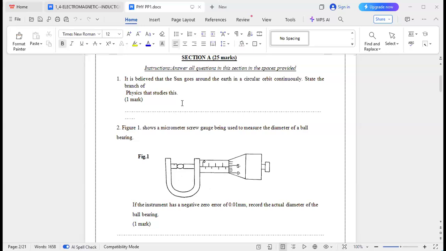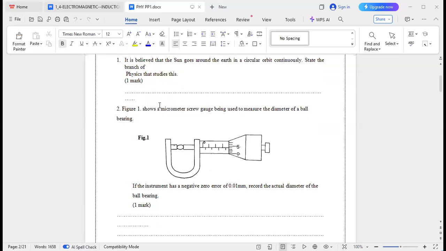Mechanics is the study of motion of objects under the influence of force. The sun is not what goes around; actually it is the earth that goes around the sun under the influence of the gravitational force.